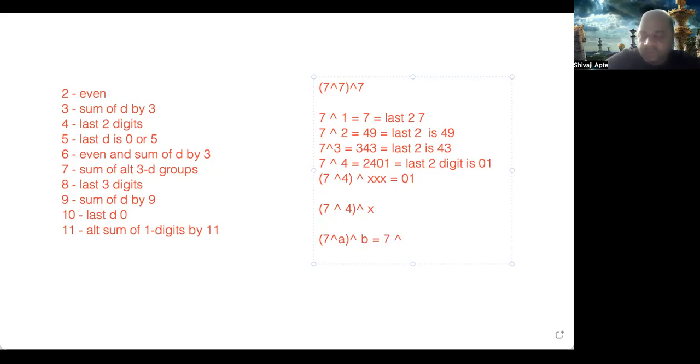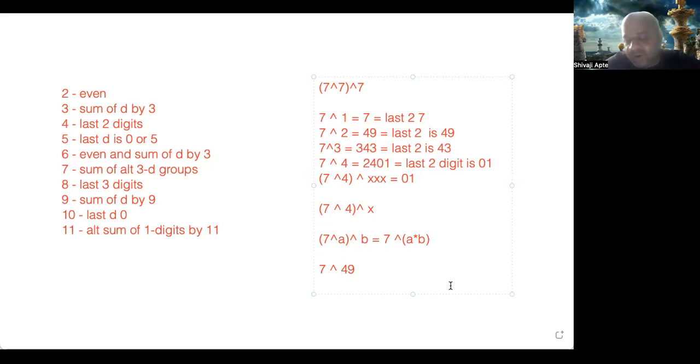Any number raised to a, raised to b, is that number raised to a multiplied by b. So the original number we have is 7 raised to 7 raised to 7. That is nothing but 7 raised to 7 into 7, so 7 raised to 49. That is the number we are talking about, and we have to find the last 2 digits.